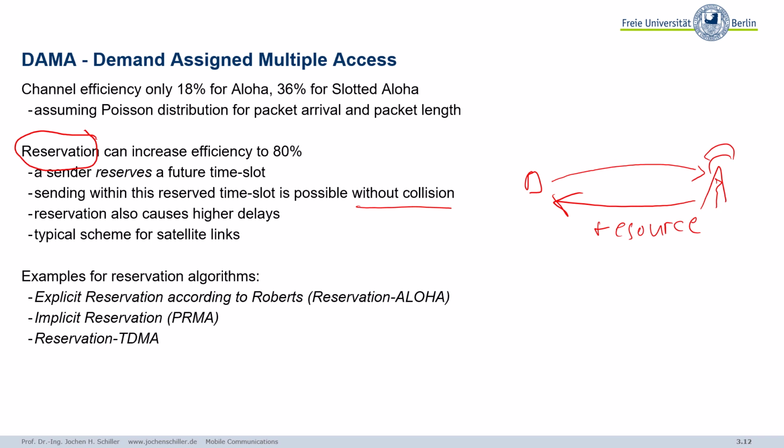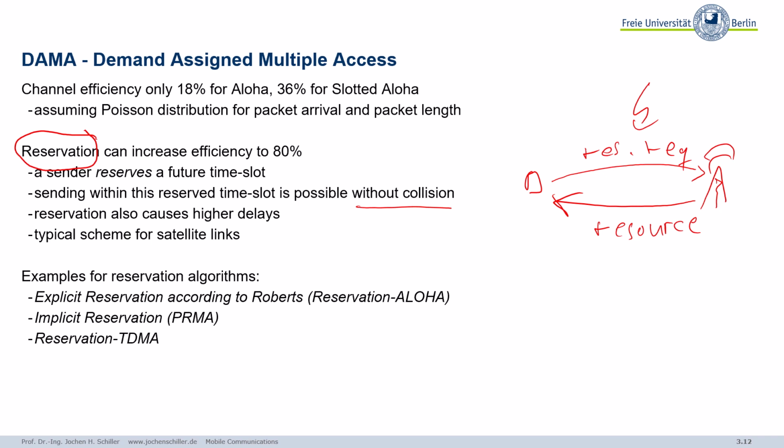The reservation requests. That's my reservation request. There we can still have collisions. Okay, but what do we win? Now we are back. Same situation as we had with slotted Aloha. We can have collisions.